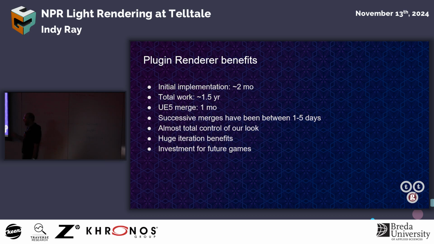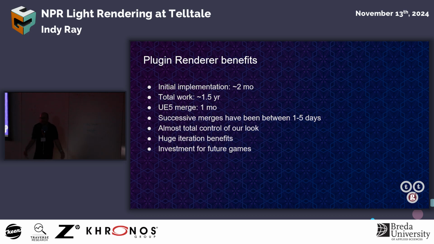So the initial Unreal Engine 4 to Unreal Engine 5 merge took us about a month for entirely feature complete work. We had about a week and a half in, most of our systems and the artists already up and working, but about a month in, all of our features were working again. Successive merges, like 5.1 to 5.2, have generally been between 1 and 5 days.